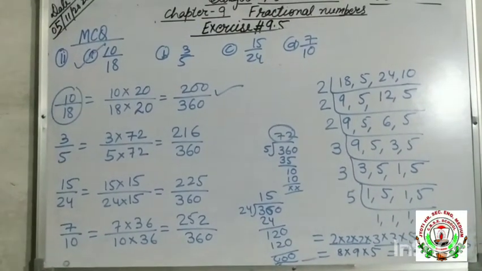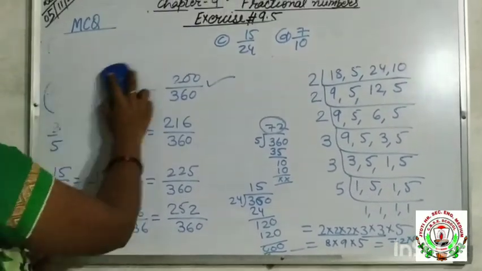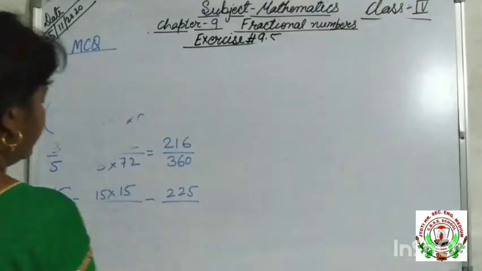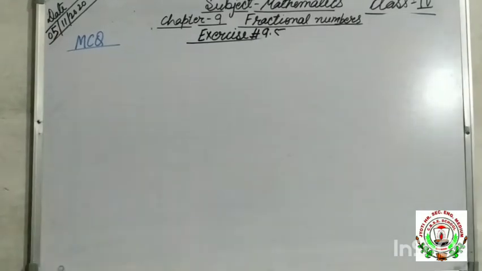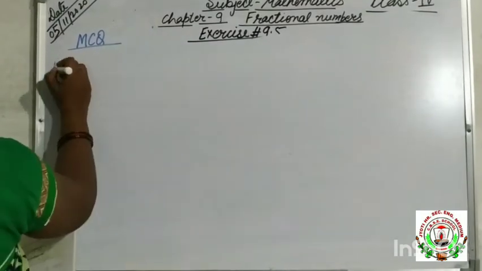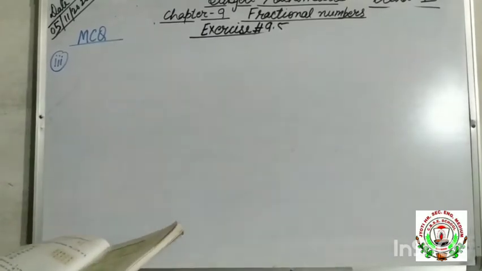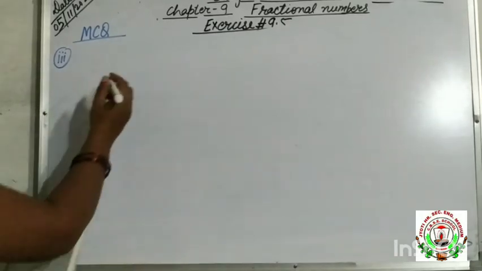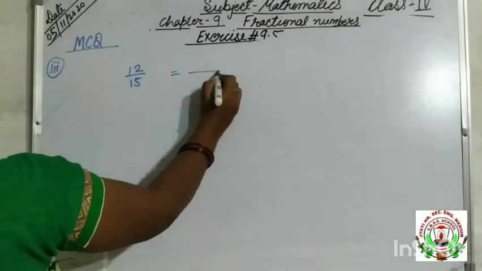Clear? Now the next question is question number 3. In number 3, the equivalent fraction of 12 by 15 with denominator 10. 12 by 15 is given, whose denominator will be 10.